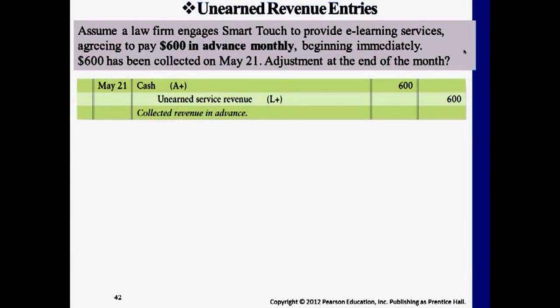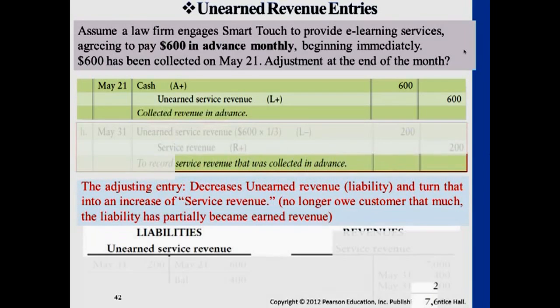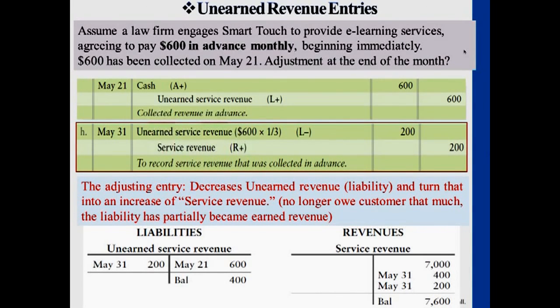So we want to turn $200 of liability into actual service revenue because we have been continuously providing e-learning services. Okay, so the adjusting entry here is the second one. The first one is the entry that happened in the middle of the period. The adjusting entry here is May 31st, the one we want to make before financial statements. Turn liability into actual service revenue for the part of the work that we have provided to the client.